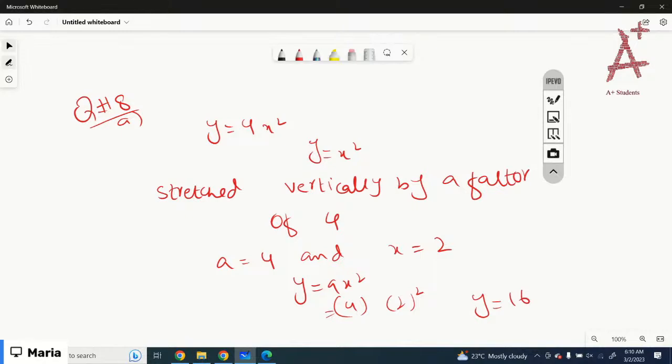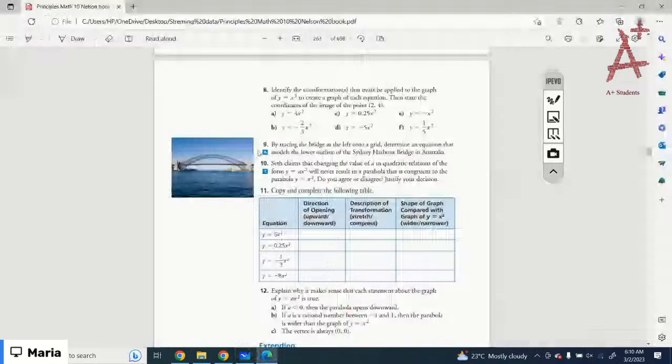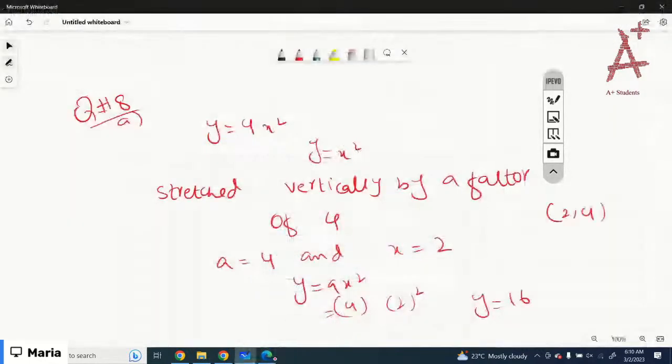The point 2, 4 is the point to which you have to apply the transformation. So x equals 2 from this point. When you apply the transformation, the new point is 2 and 16. This is the original point and this is the transformed point with y equals 4x square. It would be 2 and 16. Got it?